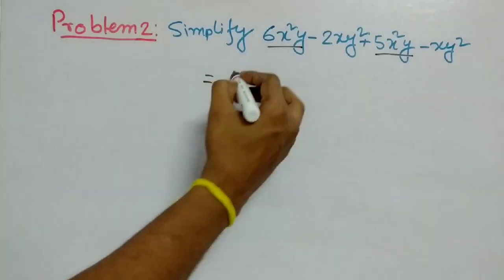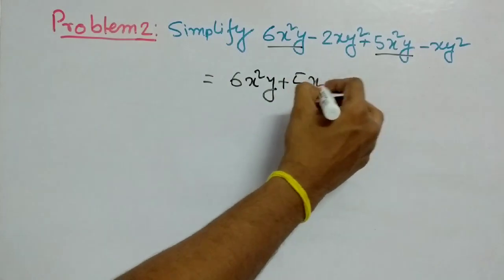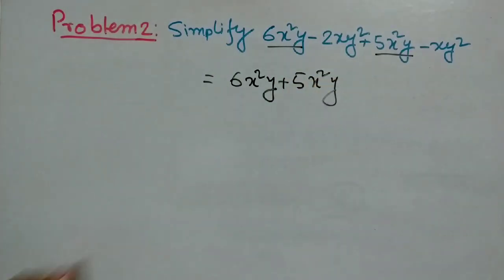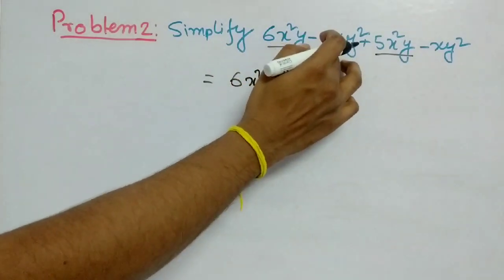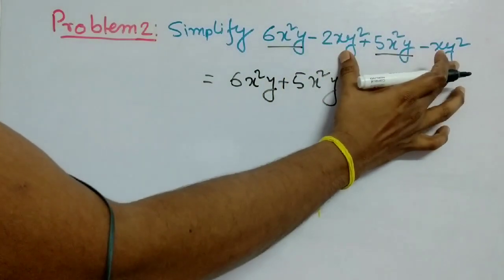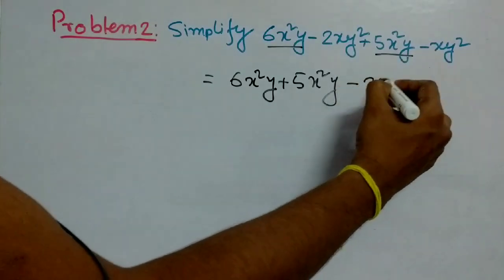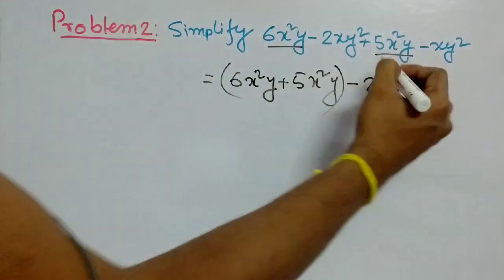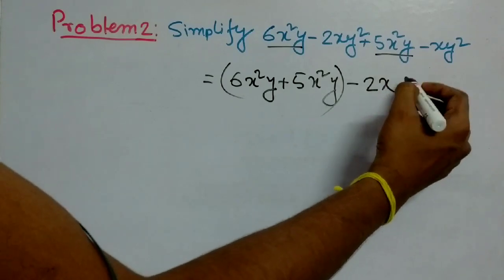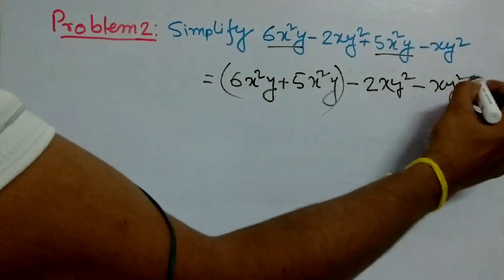So this is equal to 6x square y plus 5x square y. And next, that is minus 2xy square and minus xy square. So obviously xy square are like terms. So minus 2xy square minus xy square.